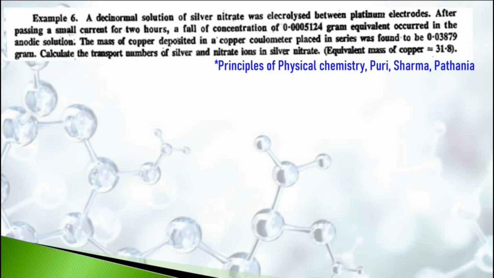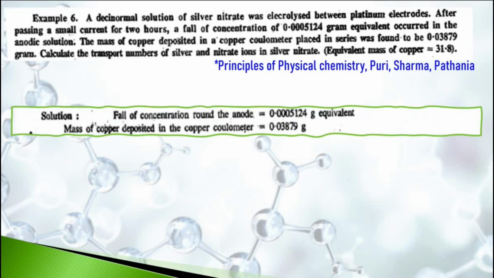The mass of copper deposited in a copper coulometer placed in series was found to be 0.03879 gram. Calculate the transport number of silver and nitrate ions in silver nitrate. Given the equivalent mass of copper is 31.8. We have been given the fall of concentration around the anode and the mass of copper deposited in the copper coulometer.